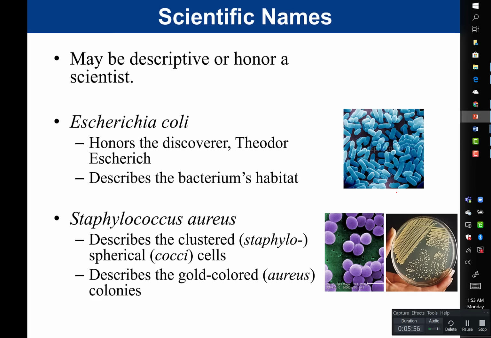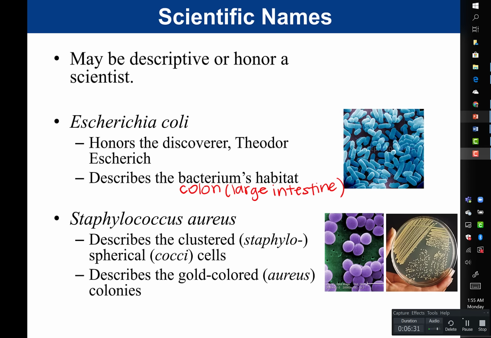What part of the body do you think that refers to? That is the colon, which is the large intestine. So E. coli is a type of bacteria found in the gut, and it is part of your normal flora. The species name describes the bacterium's habitat, so again, E. coli is going to be found in the colon or the large intestine.